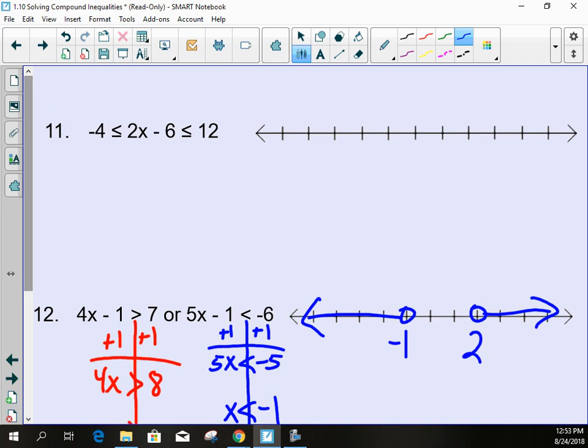Now, if you want to split number 11 into 2, you can. So you see this right here? That is one problem: -4 is less than or equal to 2x minus 6.